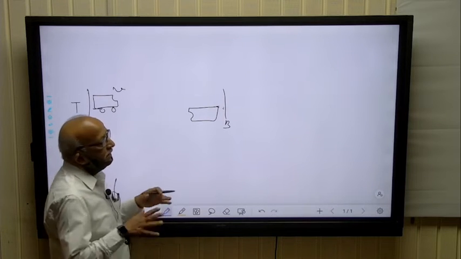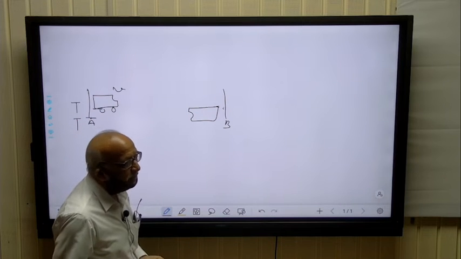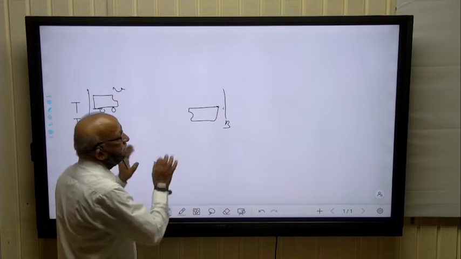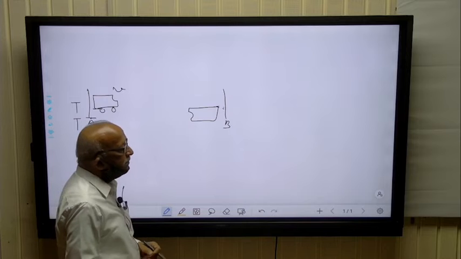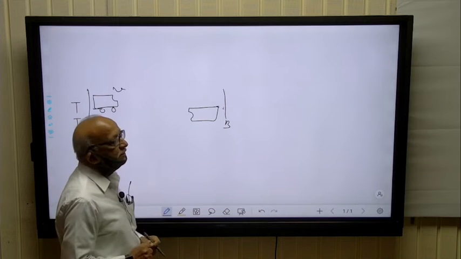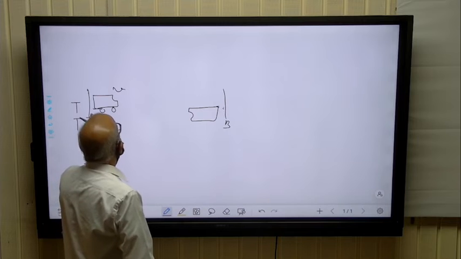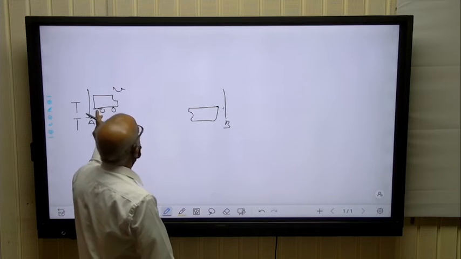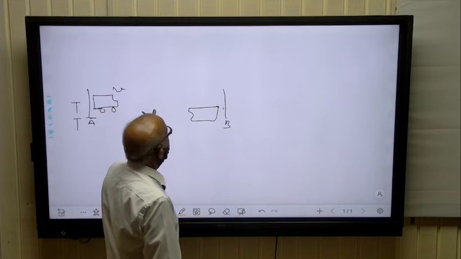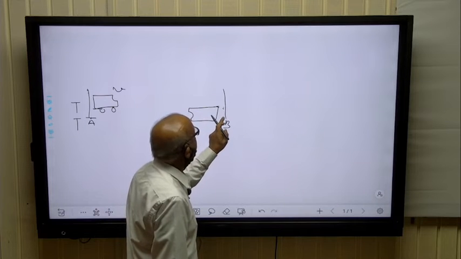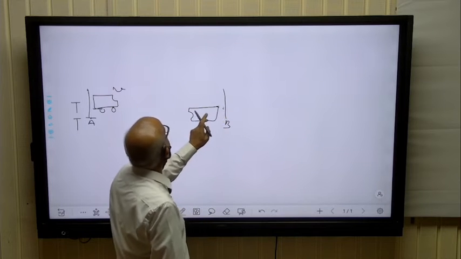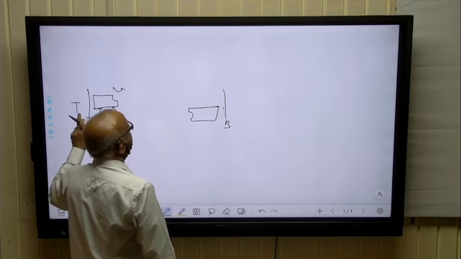Therefore, in the language of periodic motion, it is periodic, but it is not simple harmonic, because I am saying that this toy is moving with constant velocity, and on reaching B it again returns.